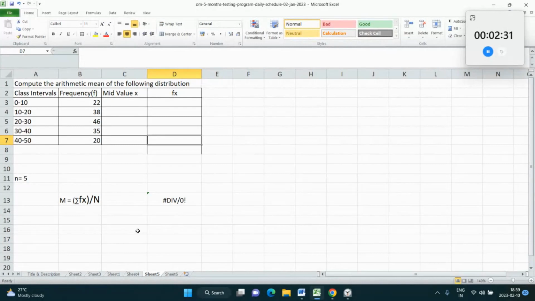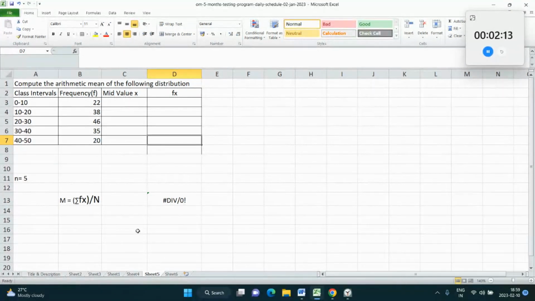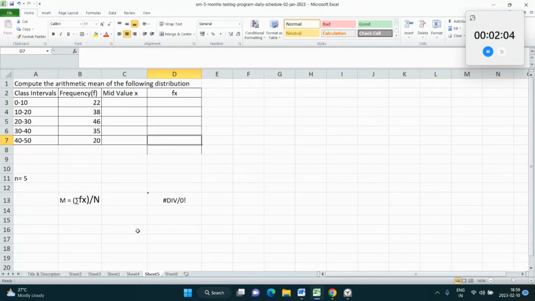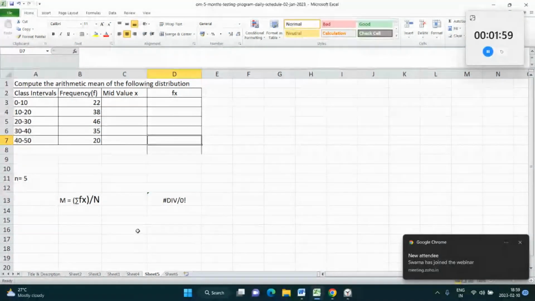These are very important sums which you will get in the analytical skills aptitude test when you attend, before you attend your interviews with the IT industry, IT companies. Children, do this.